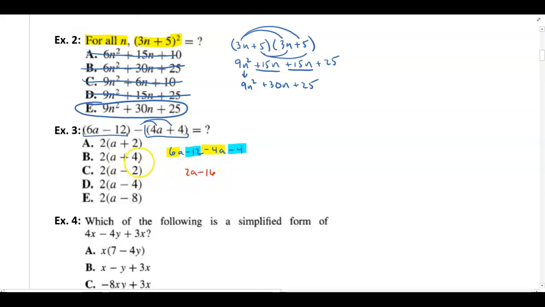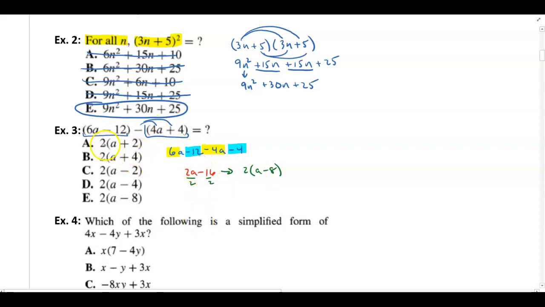So we end up getting 2a minus 16, but as you look, none of these are answer choices. Now, if you remember how to factor, or GCF, what can 2 and 16 both be divided by? 2. If I divide these by 2, I'm left with a minus 8. Now, that's one way, but say you don't know how to do this. How could we approach this problem?